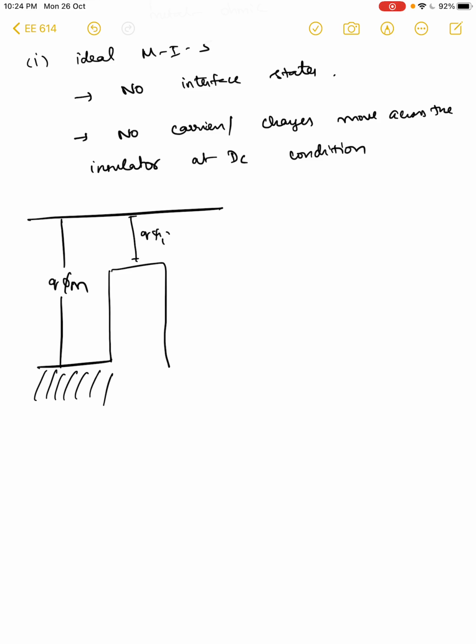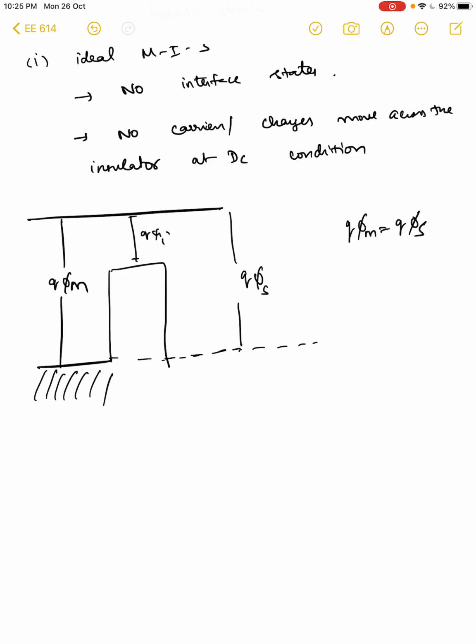And I'm going to make a very simplified assumption in the sense that the Fermi levels, or the work function, of the metal and the semiconductor is the same, psi s. So this means that Q psi m equal to Q psi s. It's an assumption, right? What happens if this is not the case is that you will always have a band bending to begin with. We will deal with that later on.